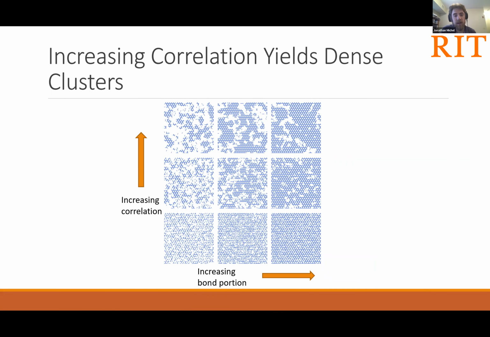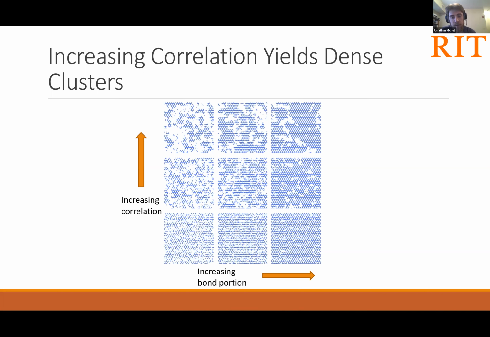So I'm showing you a slice of that parameter space here. Moving up in this figure, you see the effect of increasing the correlation strength for a given amount of bonds retained. Then moving to the right in this figure, you see the effect of including more and more material.